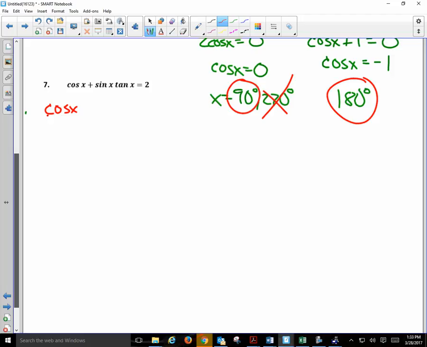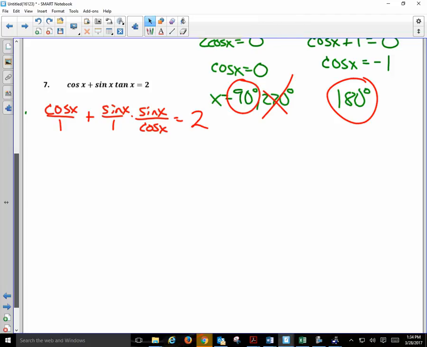Cosine of x over 1 plus sine of x over 1 times sine of x over cosine of x is equal to 2. So he's going to make this into simplifying a trig expression, kind of our first assignment, our first worksheet. What do I do with this cosine guy over here?